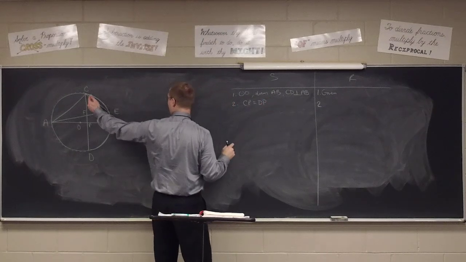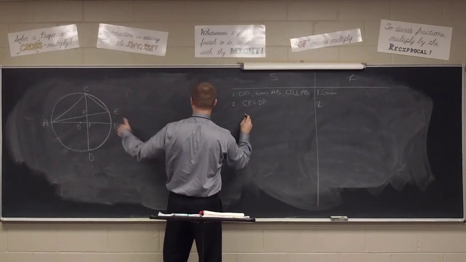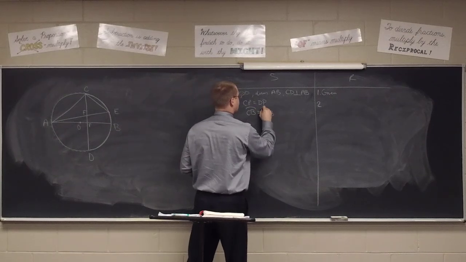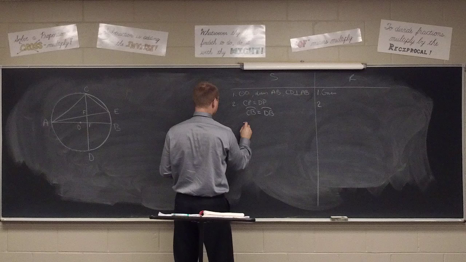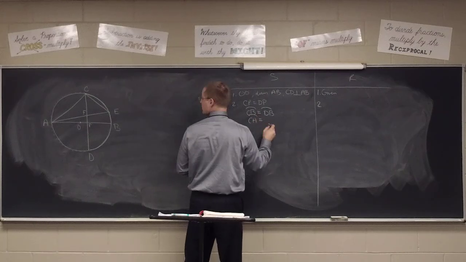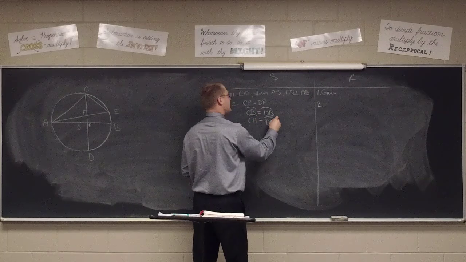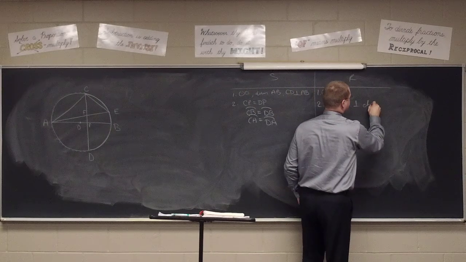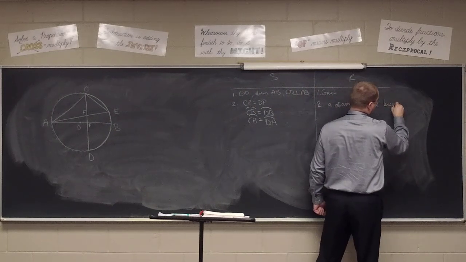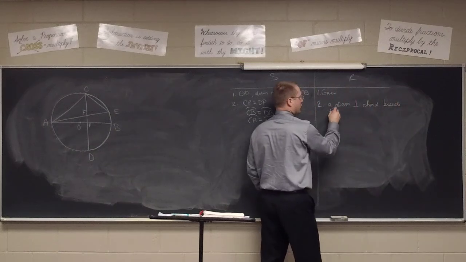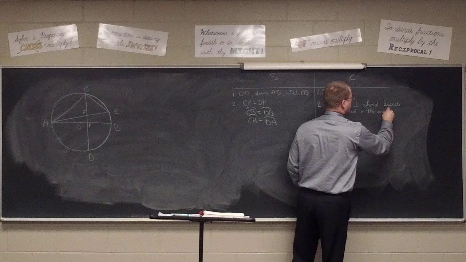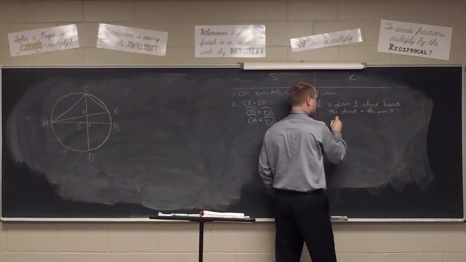Mainly, we're looking for arc CB is equal to arc DB, and arc CA is equal to arc DA, because a diameter perpendicular to a chord bisects the chord and the arcs it intersects.